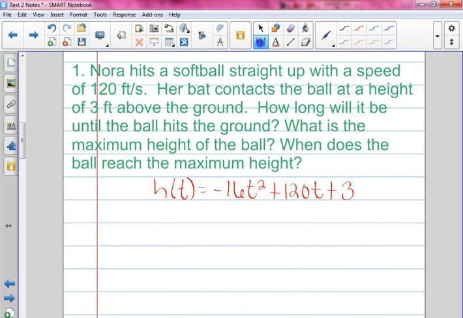All right, so how long will it be until the ball hits the ground? If I'm on the ground, my final height is 0. So I set this equal to 0. So 0 equals negative 16t squared plus 112t plus 3.